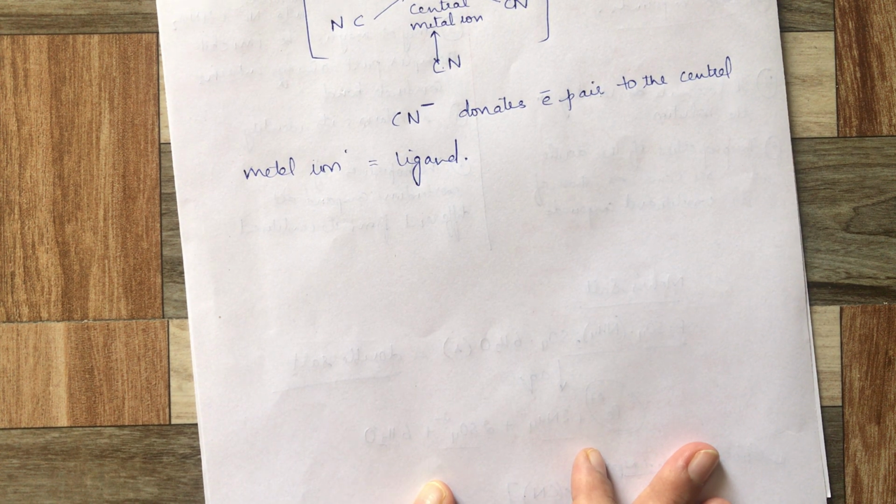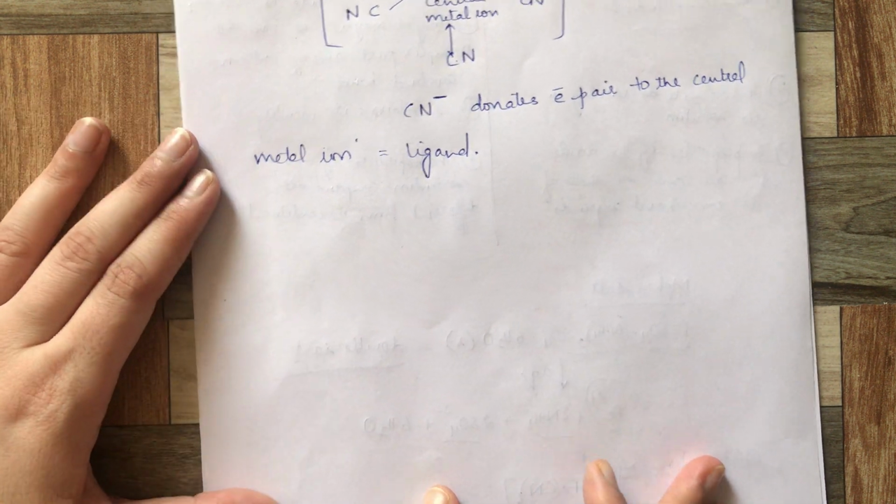And the metal atom or the ion to which the ligands are attached is called the central metal atom or ion.